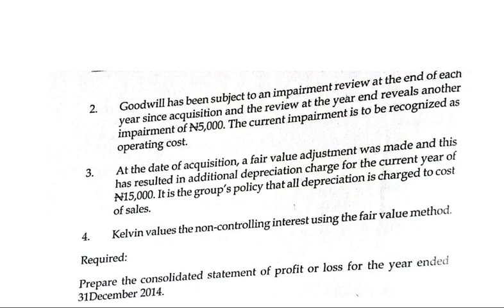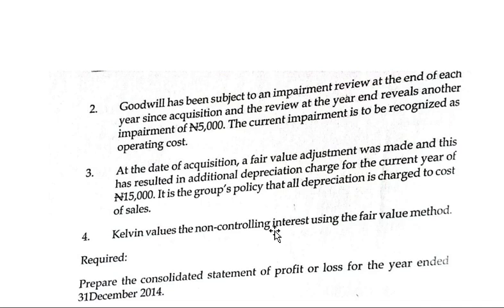They say Kevin values the non-controlling interest using the fair value method. Now, the reason why they put this additional information is for you to know that the NCI that you will get as attributable NCI from the profit that is made, you have to adjust for some of these elements.